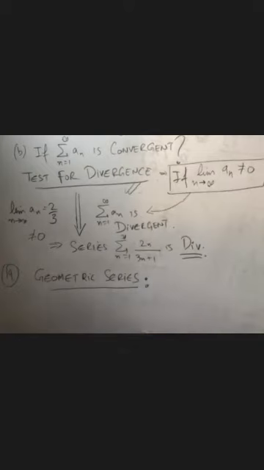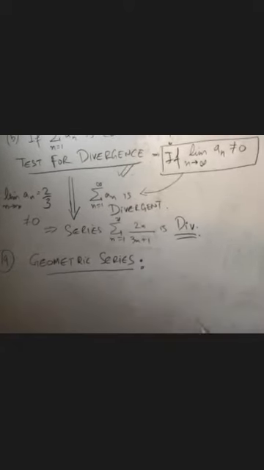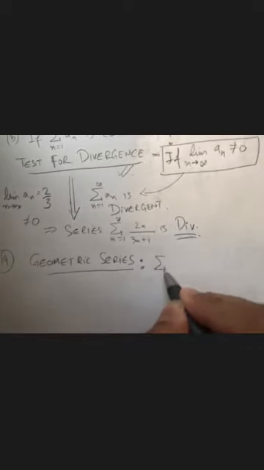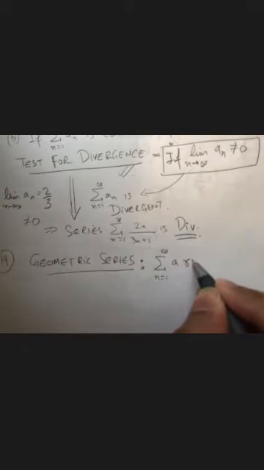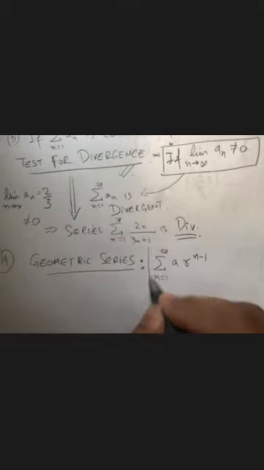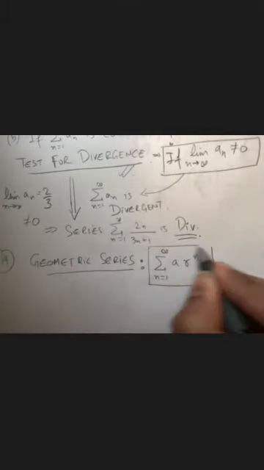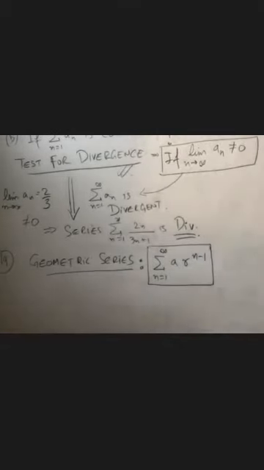And what is a geometric series? You have to remember this form. The sum from n equals 1 to infinity of a times r to the power n minus 1.